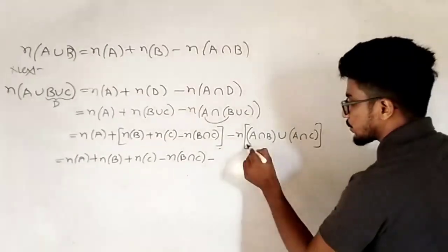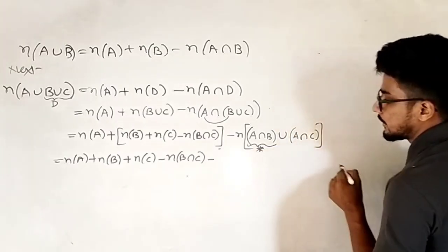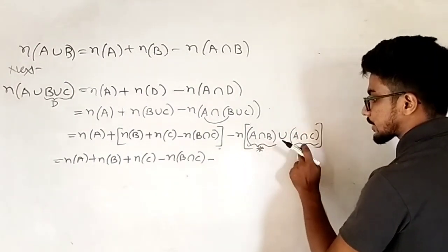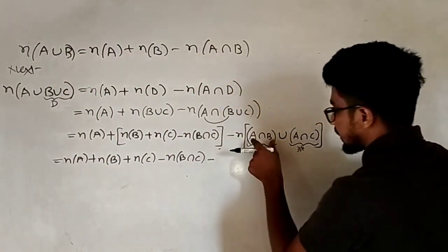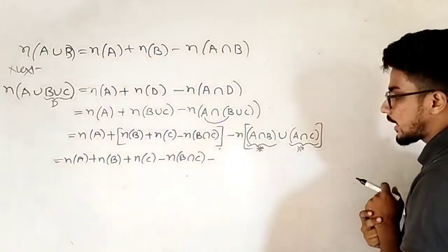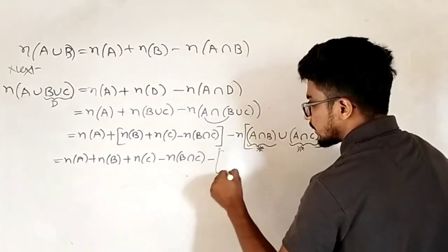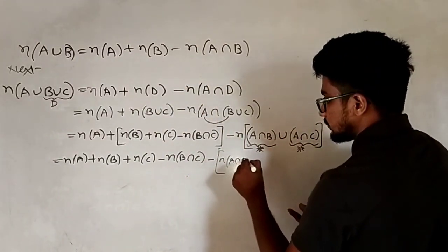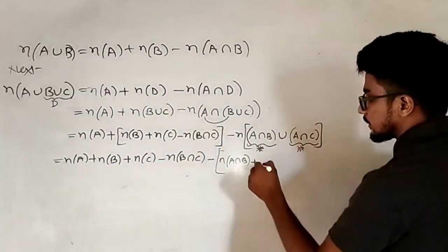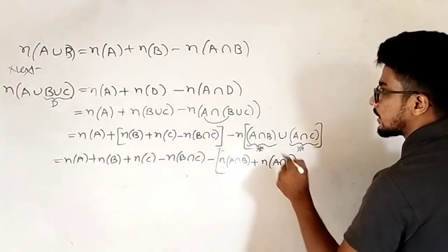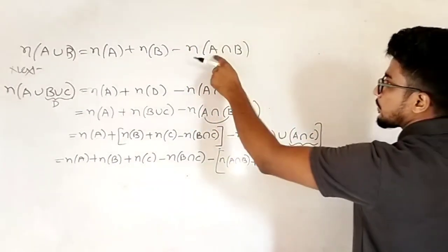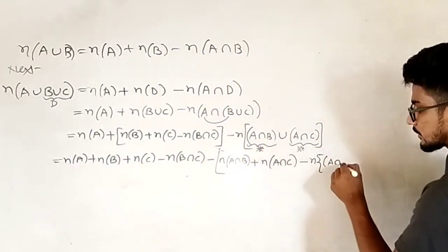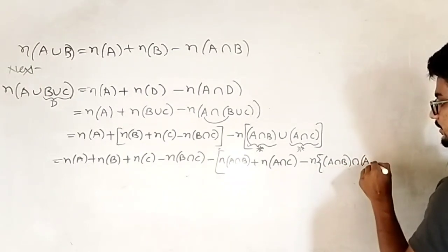Suppose this is a single set star and this is a single set star, then number of star union star, like A union B, can be broken as number of first set plus number of second set minus number of first set intersection second set.